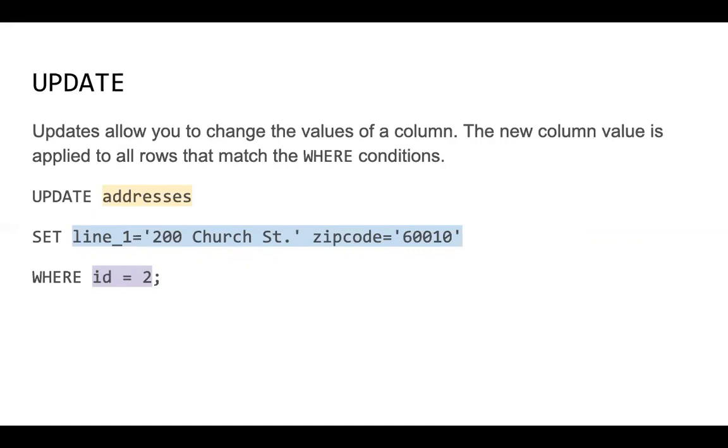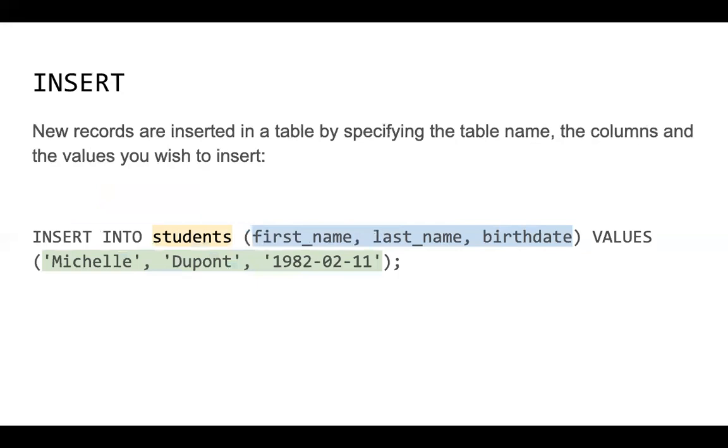Yes? So insert is specifically just for a completely new thing to the table, so you have to reference every single column that's in there and put a value to it? So he was asking if for insert, since you're creating a new row, you need to name every single column. You don't actually need to put every single column in the table, only the ones that you're inserting values into.